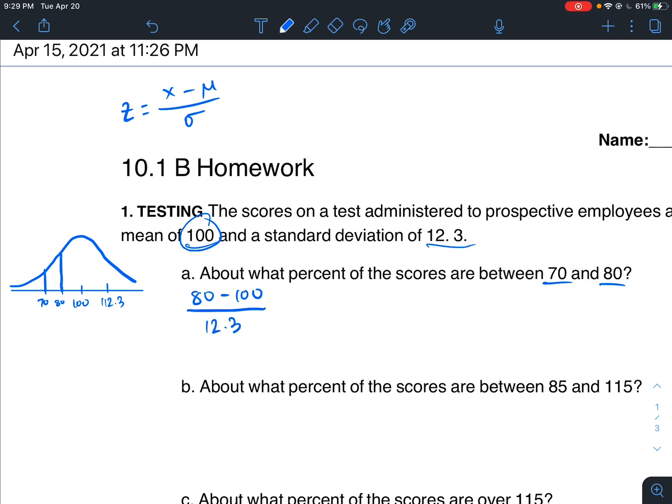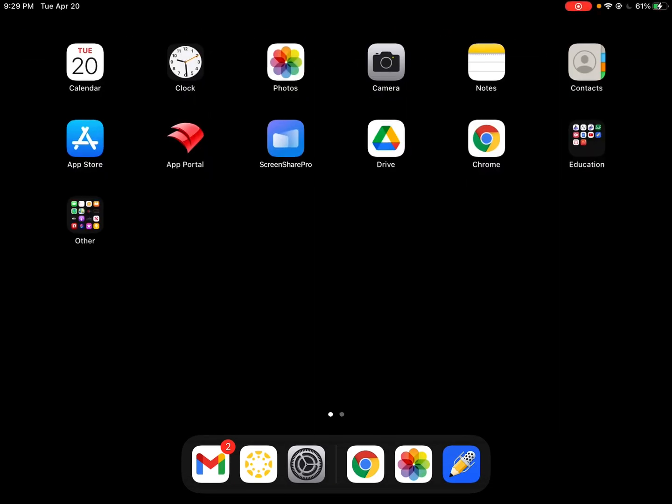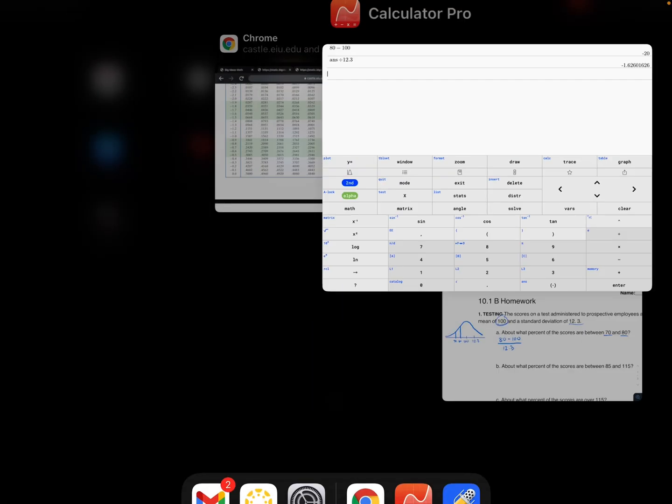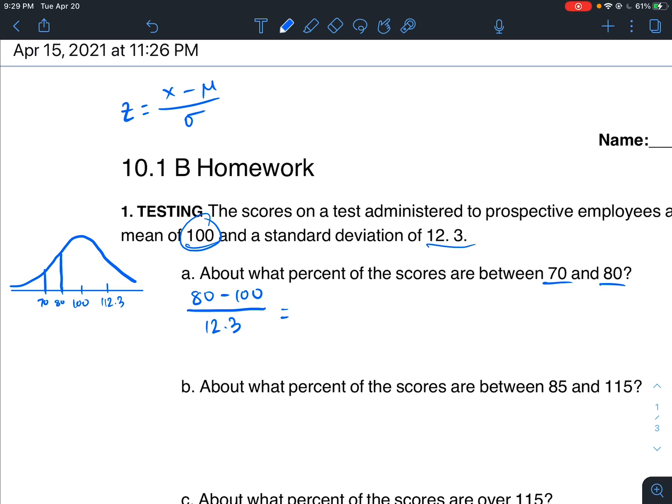So 80 minus 100 divided by 12.3 is negative 1.6, and I'm going to round to negative 1.63. So this is equal to negative 1.63. This is my z-score for 80.